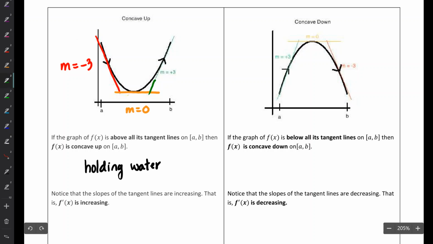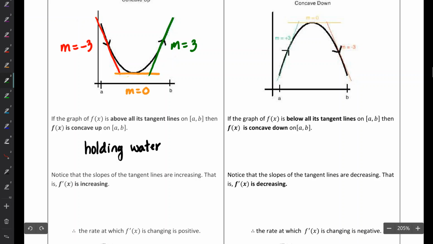And right here, the derivative is positive 3. Over the interval in the domain, those slopes are increasing: -3, then 0, then 3. Those slopes are increasing, so the derivative is increasing.